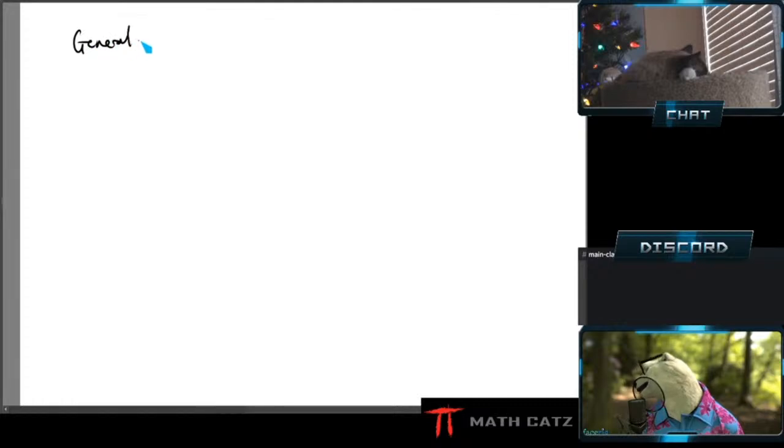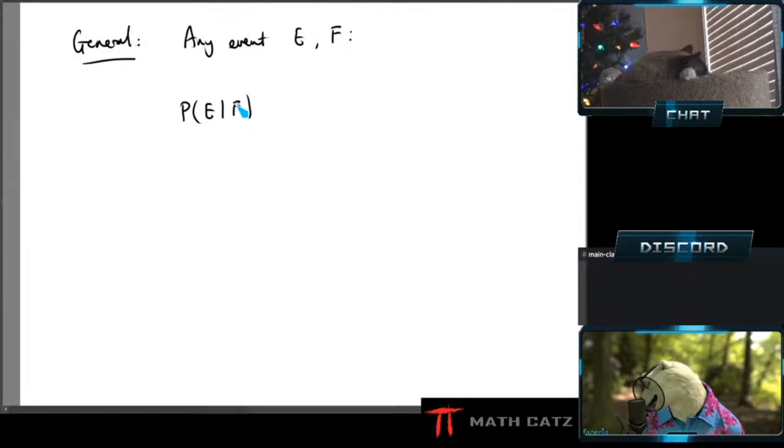In general, give me two events, any events, E and F. The probability of E given F, I just used F again, it doesn't matter what they're called, is the conventional probability of the intersection divided by the probability of the given one only, as if it's not given. So I have to put blinders on here and identify: am I trying to find a conditional probability? Yes. Then calculate two separate things as if they're brand new questions and put them in here like this, and that will be your answer.